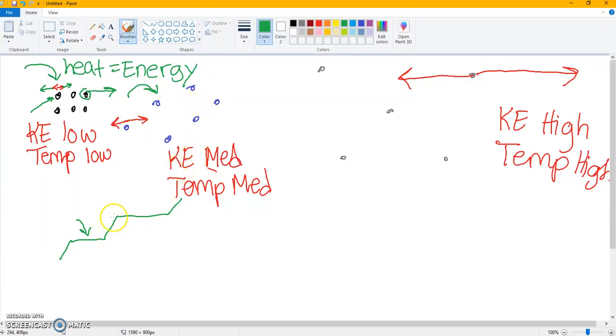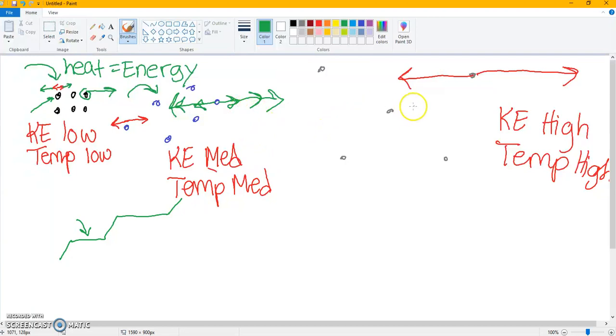Once I've changed phase and they're separated the correct amount, then as I add heat energy, they'll do the same thing. They'll start moving more and more so that the liquid can pick up speed and each individual molecule can move a little faster and a little faster.